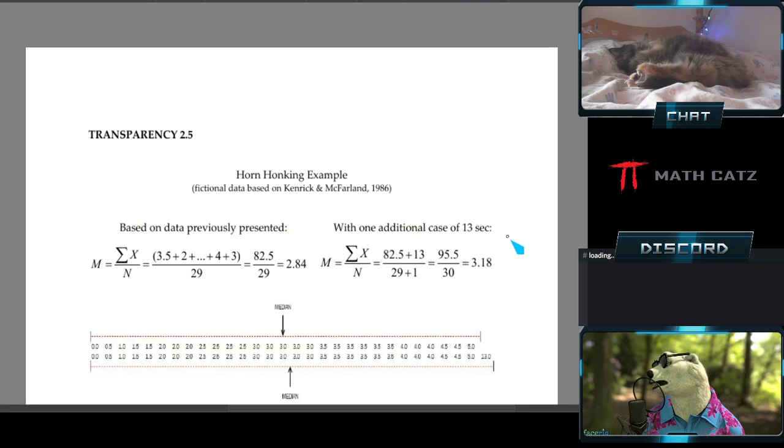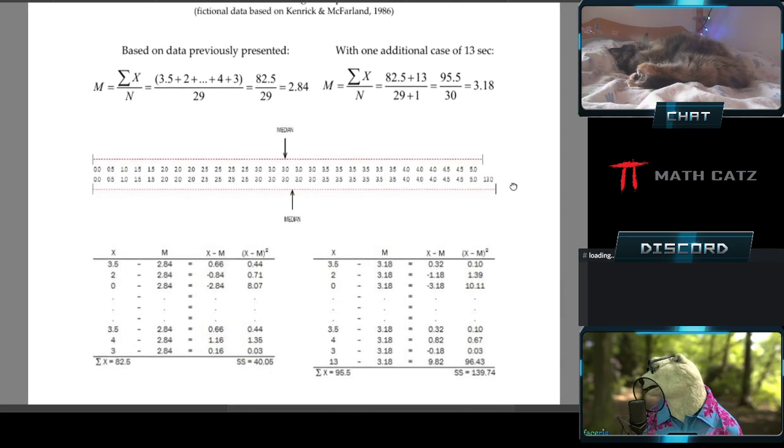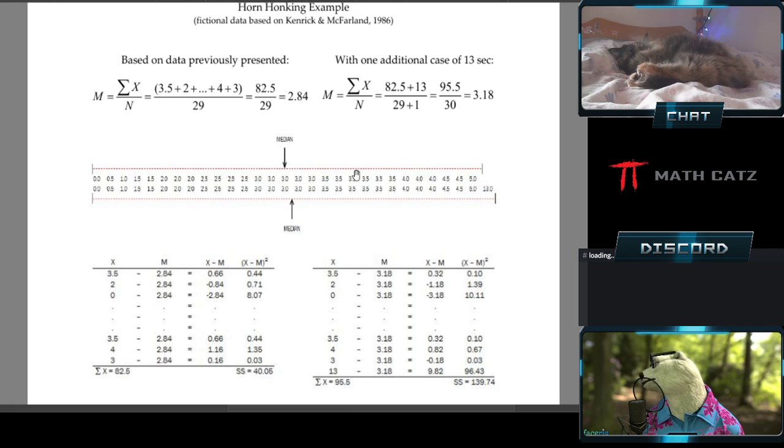Let's go back to our horn honking example, which you hopefully remember. I can do this for both of these. Calculate the squared deviation, sum of the squares here and here.